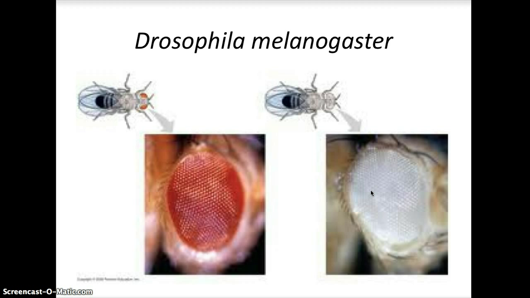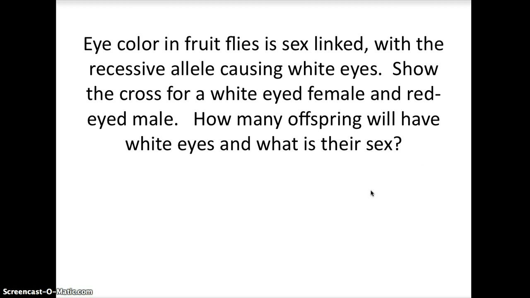This is the geneticist's dream right here. Fruit flies are easy to reproduce. You can get lots of them very quickly, within about a week, and you can then count them up and get all sorts of nice results that follow these inheritance patterns of X-linked traits.